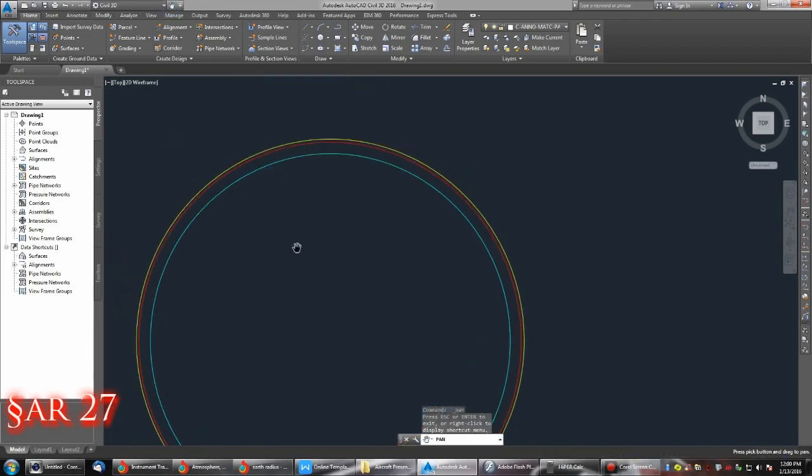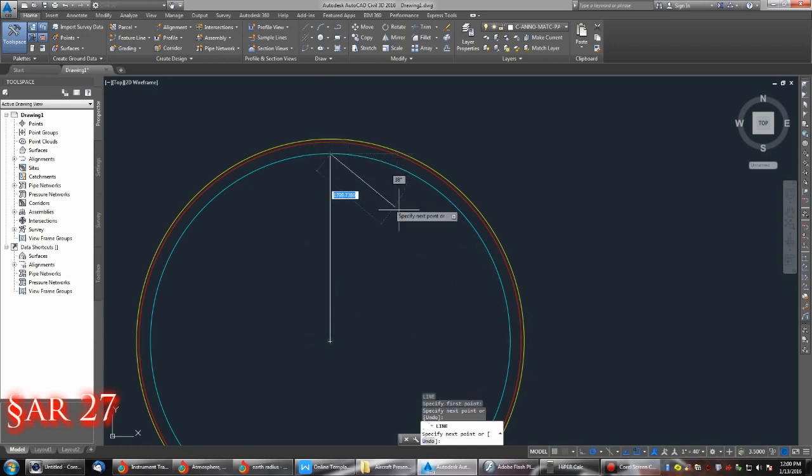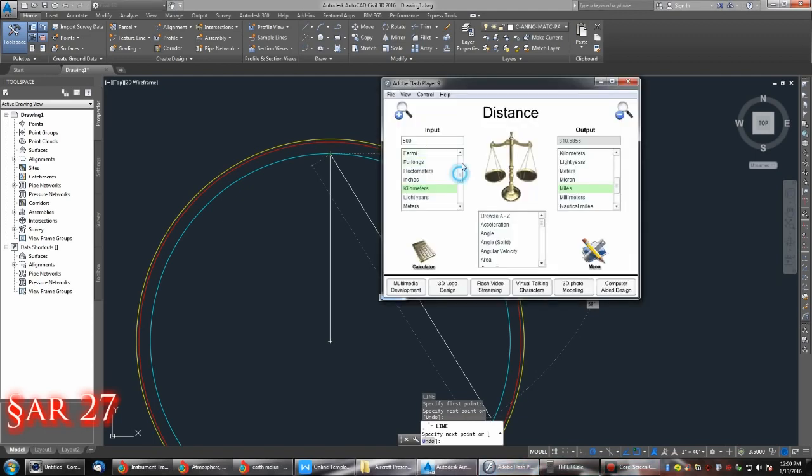One of the things that I want to do is show what a plane flying at an altitude of 35,000 feet is going to look like. So let's start plotting this thing. Go to the intersection, and then we're going to take the feet, there it is, and we're going to convert it to miles.